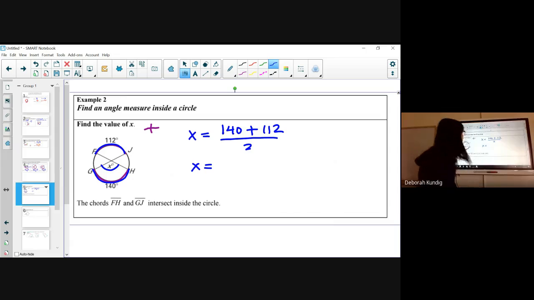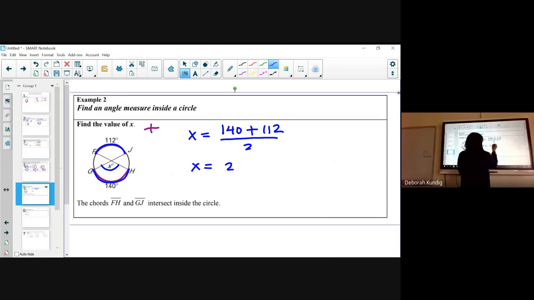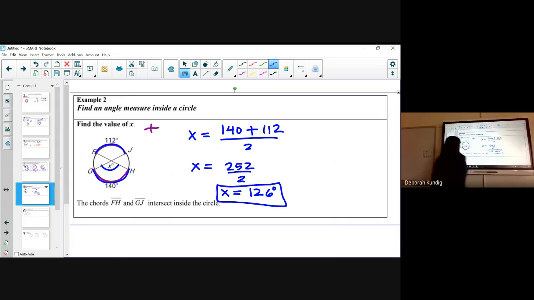In this one we are simplifying, so we're just plugging in on the left side: 140 plus 112, divided by 2. That would be 252 divided by 2, so x is equal to 126 degrees for that angle.